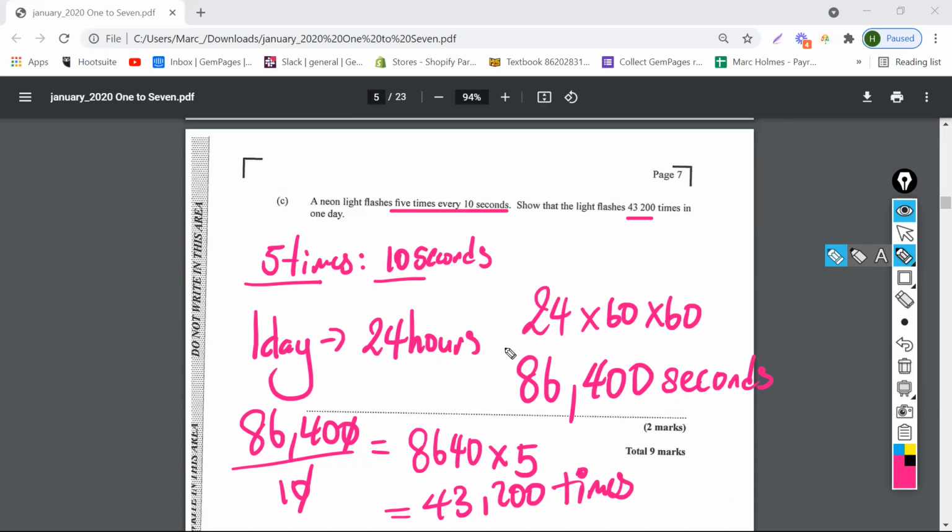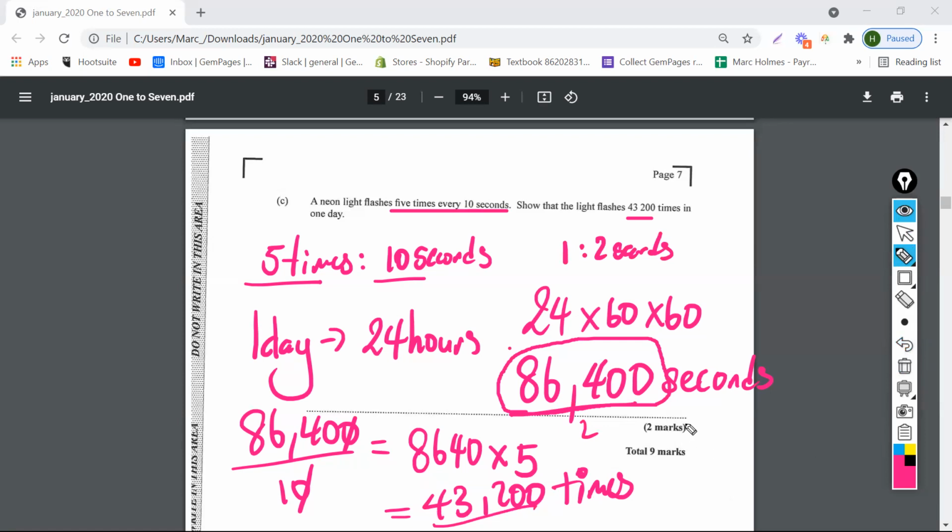If you basically said that the light flashes 1 time every 2 seconds, yeah. So what you should have done is to show that it occurs this amount of times, you would divide 86,400 by 2. I mean, that would show it too. But you're not really trying to find 86,400. You're trying to find 43,200.